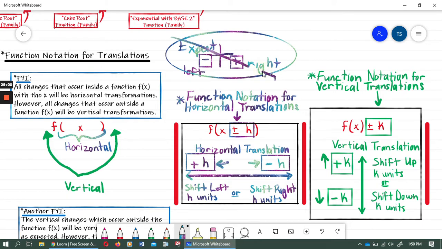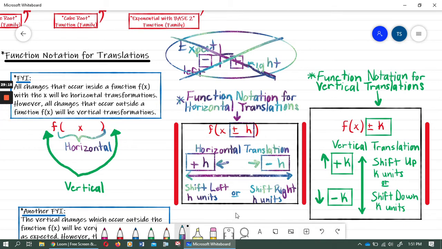Where you may have usually expected a negative x value to be to the left, and a positive x value to be to the right, I told you that it's going to seem counterintuitive.